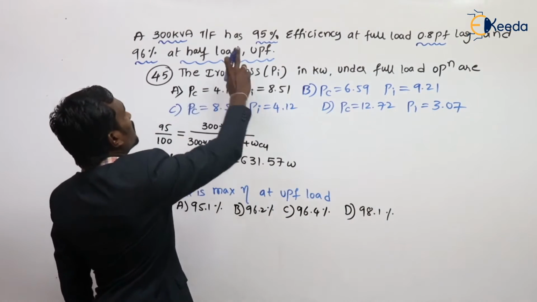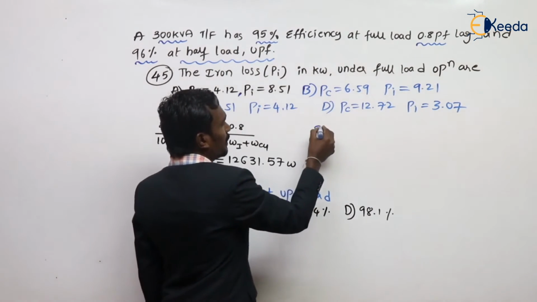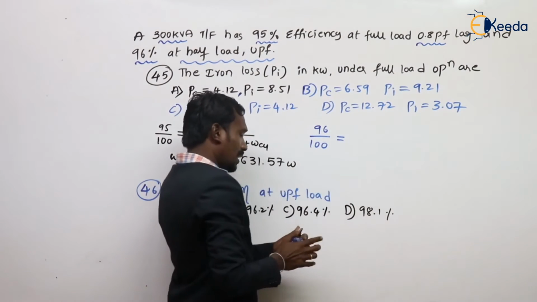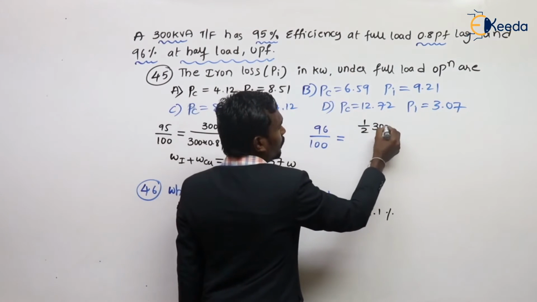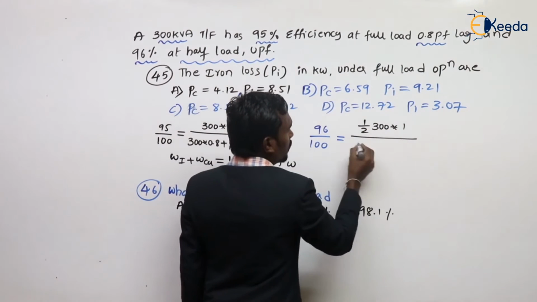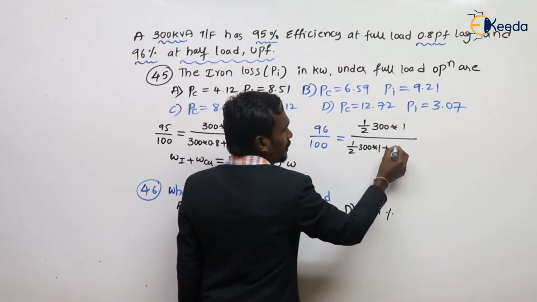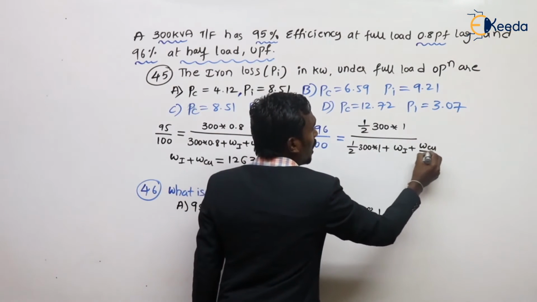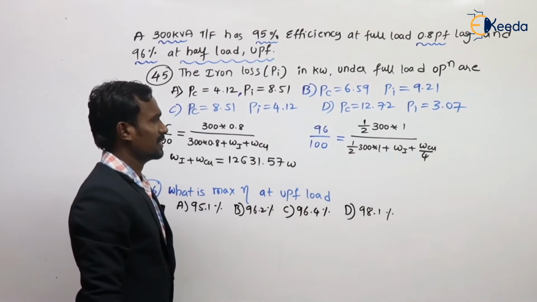And 96% at half load, unity power factor. So half of the 300 kVA at unity power factor. Iron losses are the same, but copper losses are at half load, that's why divided by 4.